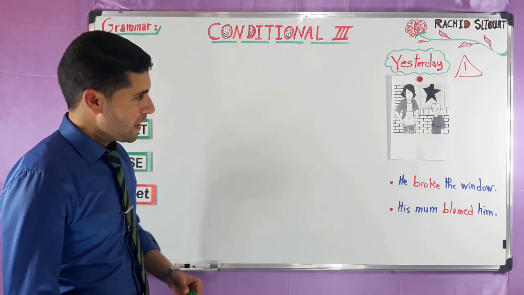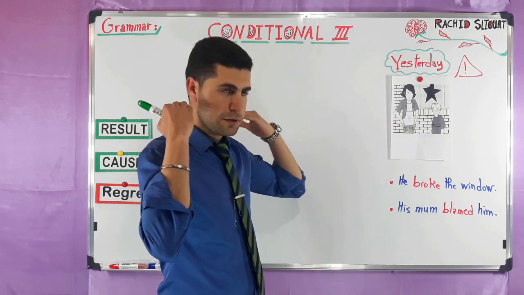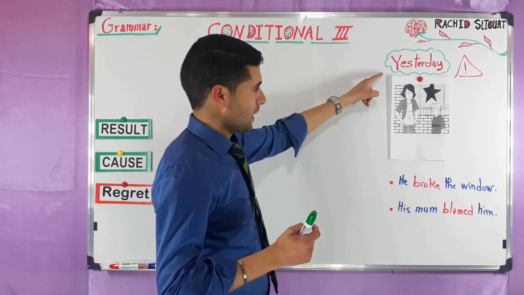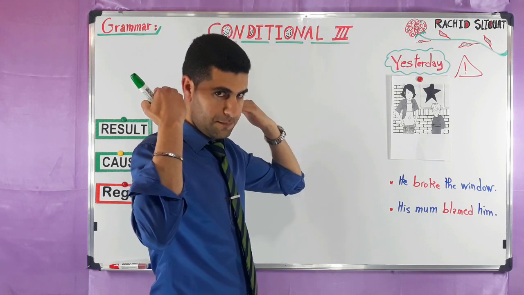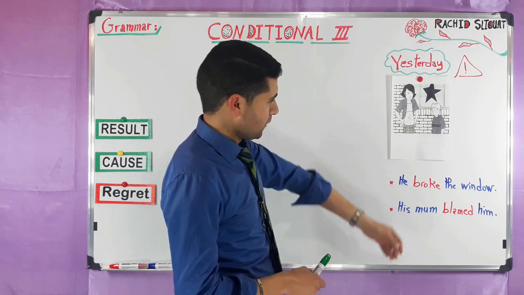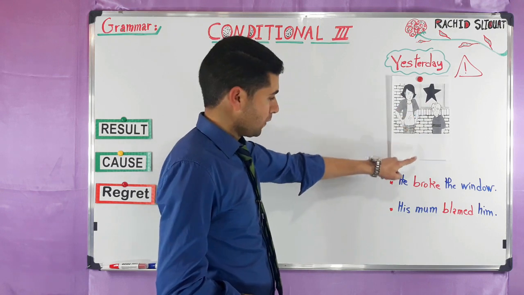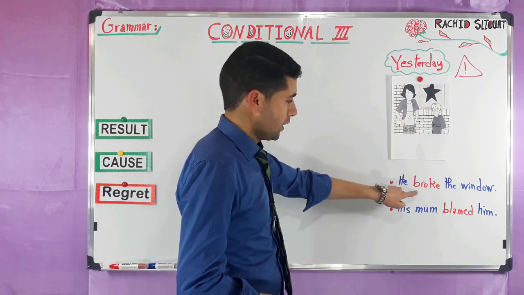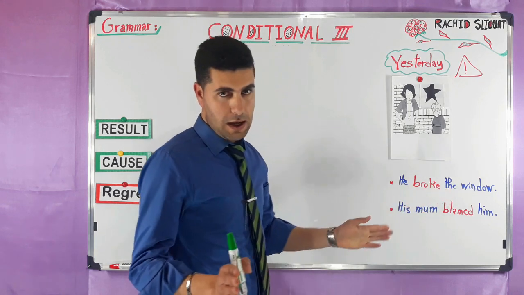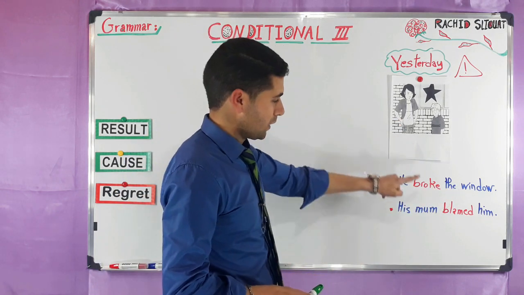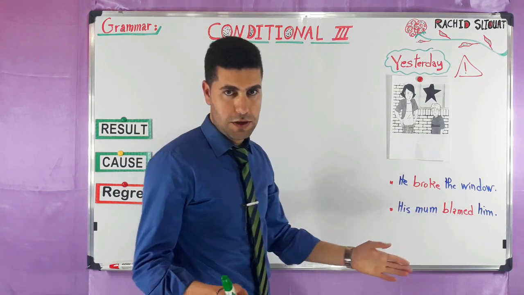As you can see, this is something that happened yesterday. When we talk about yesterday, this is related to the past. Here the window is broken. The child broke the window, and then his mother blamed him.